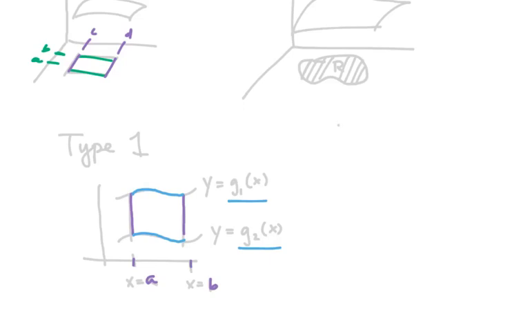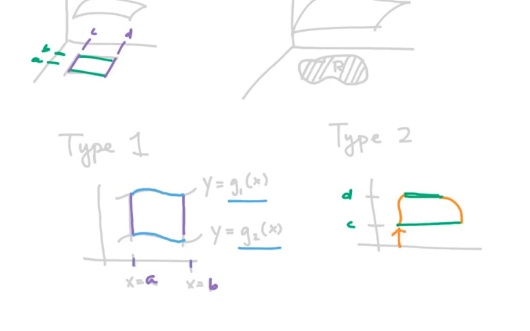The other situation that might occur would be type 2, and you can probably figure out what I'm going to draw here. In this situation, we might have a c and a d, and then my left and right bounds could be some weird curve. So I've got c and d, and then I have these curves.